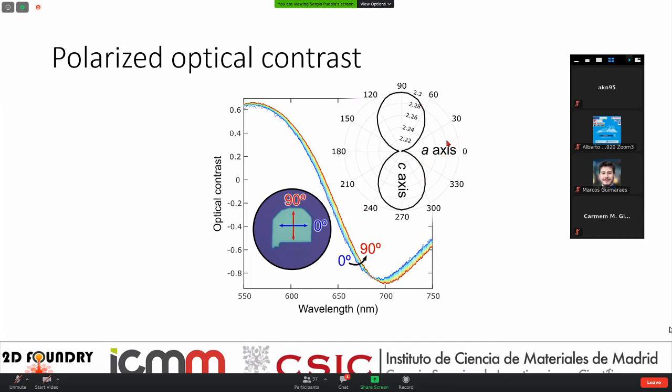It is the difference of refraction index that you get along this angle. And with this method, you can also set which direction belongs to the flake you're looking at. So the z-axis belongs to the direction of the highest refraction index.